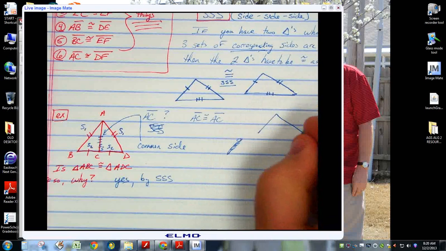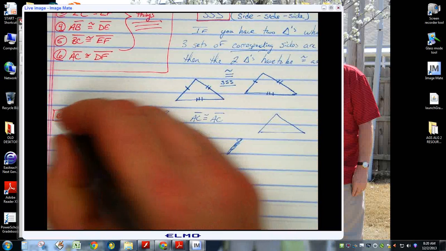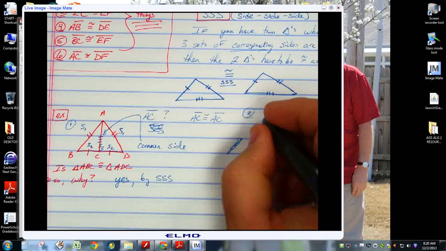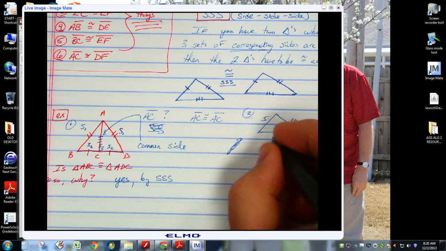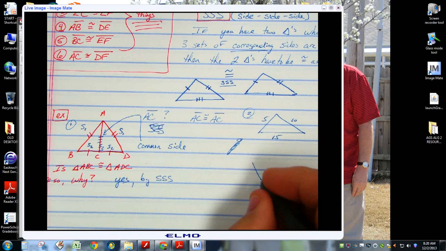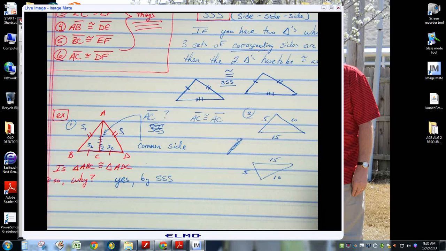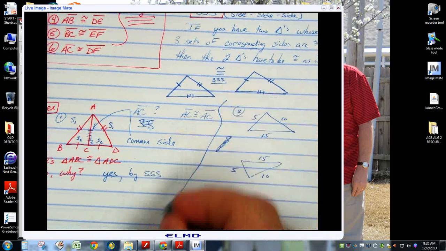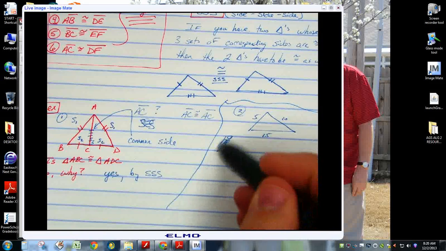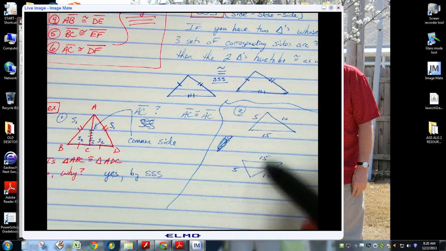They might also try to have some problems like this. Would these two be congruent right here? You don't necessarily have to write this down, just watch. Would these two be congruent right here?